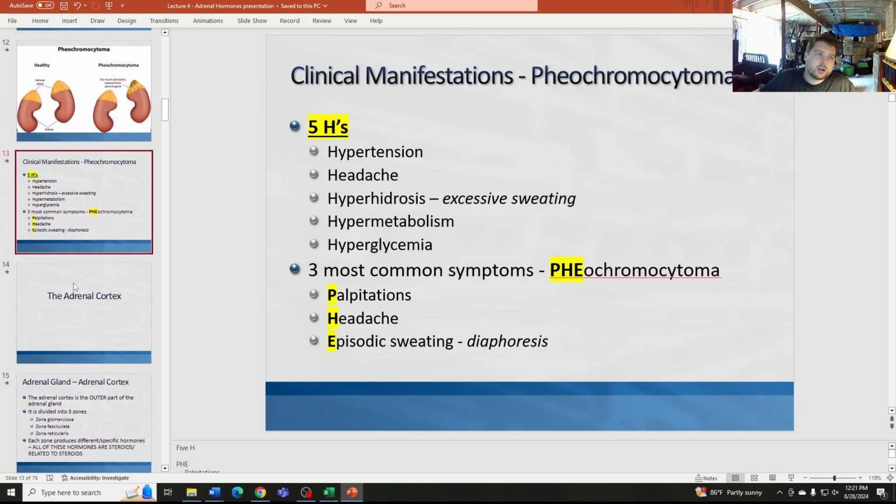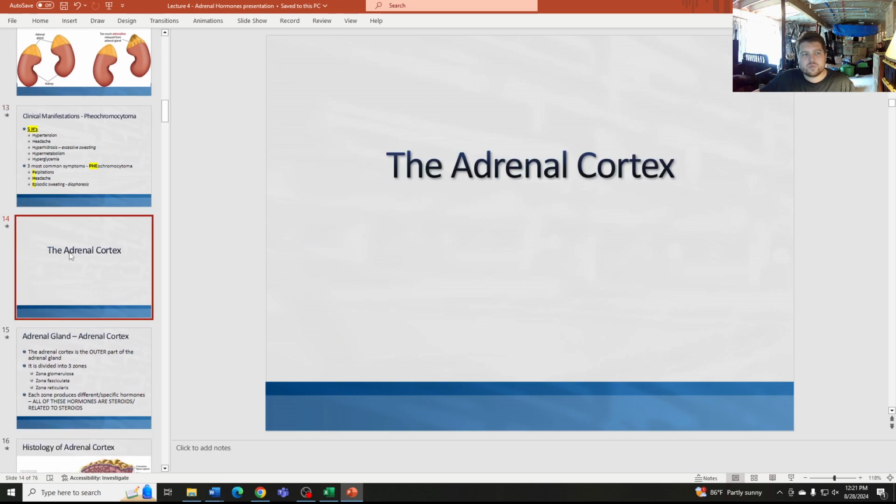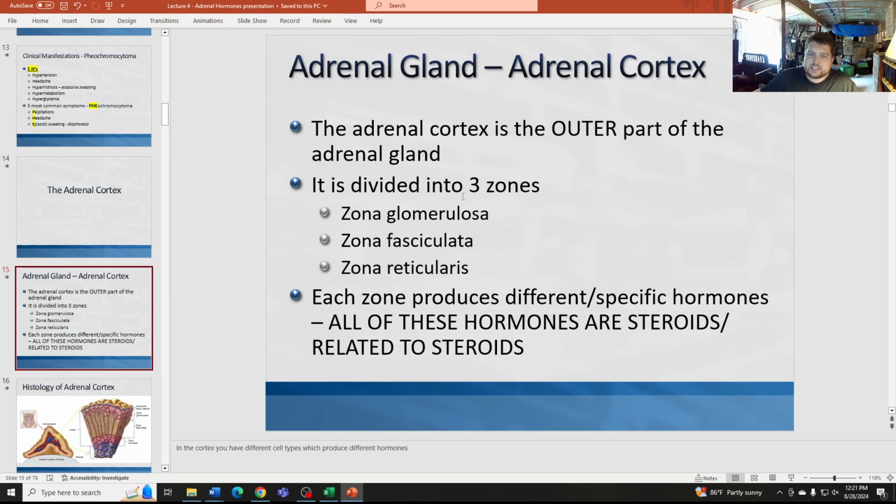Again, that is a tumor of the adrenal medulla. Now, the adrenal cortex, or the outside portion of the adrenal gland, is divided into 3 different zones. We have the zona glomerulosa, the zona fasciculata, and the zona reticularis.